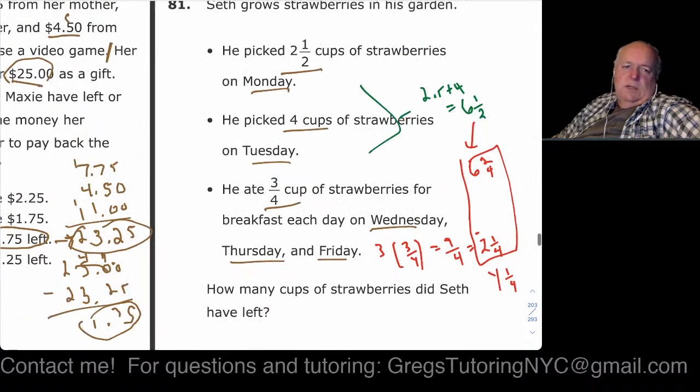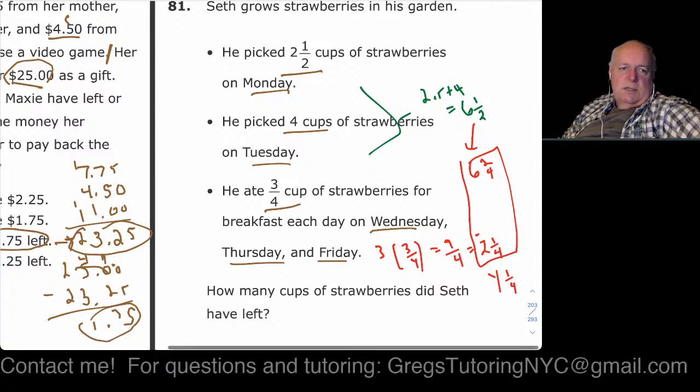And of course, there are other ways to do this. Let me change the color of this just to show that we're in a sidebar mode. I'll use brown for sidebar. I could have done the 6 1/2 minus the 3/4, figured out what that was equal to, subtracted the 3/4 again, figured out what that was equal to, and then subtracted the 3/4 again.